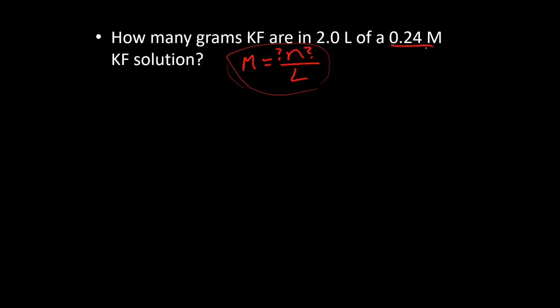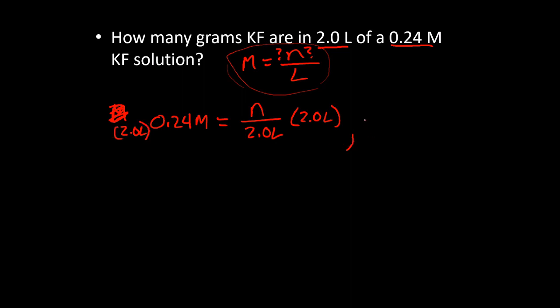We're told what the molarity is, and we're told what the volume is. So we can just go ahead and plug those in here. So the molarity is 0.24 molar. That is equal to n, which is what we're trying to find, divided by 2 liters. So I'm going to multiply both sides by 2 liters.